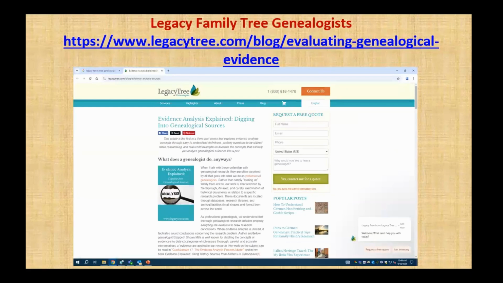They definitely have an excellent record for putting people on the path to success, and they also will help you with your research. But this one is talking about evidence analysis, digging into the genealogical sources. This will tell you what you should be looking for when you're not only using these sources, but perhaps evaluating whether the sources are completely and totally accurate.